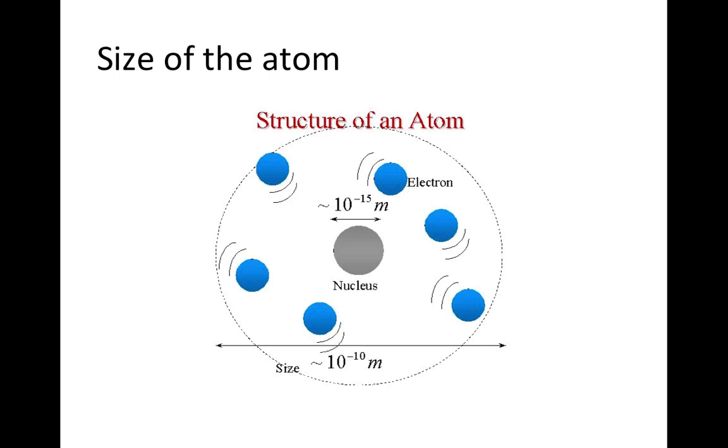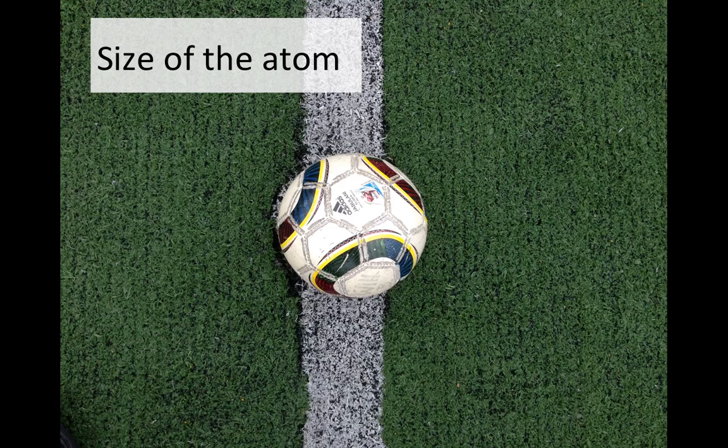That's quite a difference. To illustrate it, here is a football, which I personally placed on the centre spot of a football field. Sorry, the diameter of a standard size 5 football: the circumference is 68 to 70 centimeters, which makes the diameter about 22 centimeters.